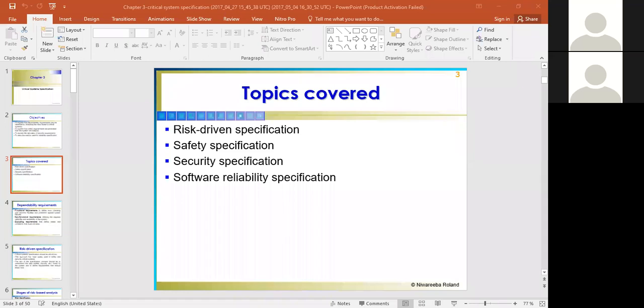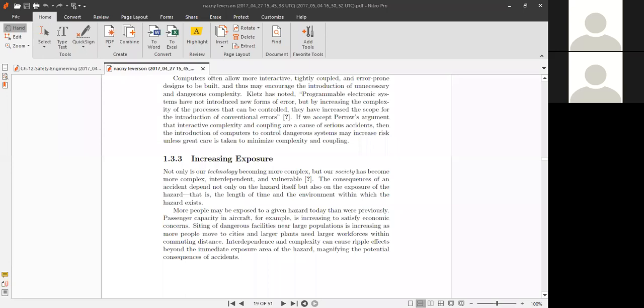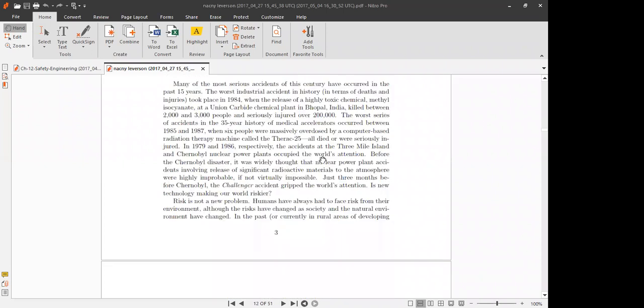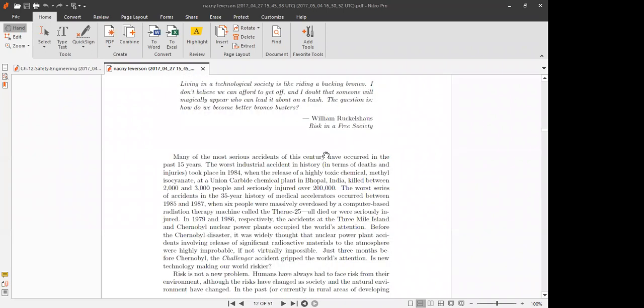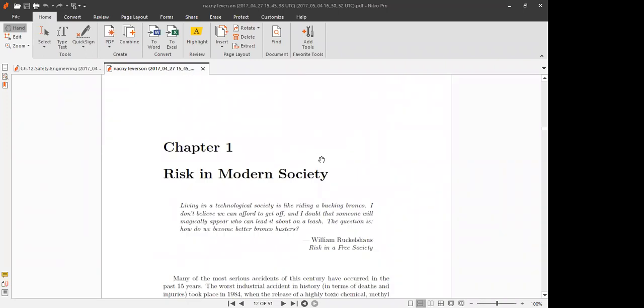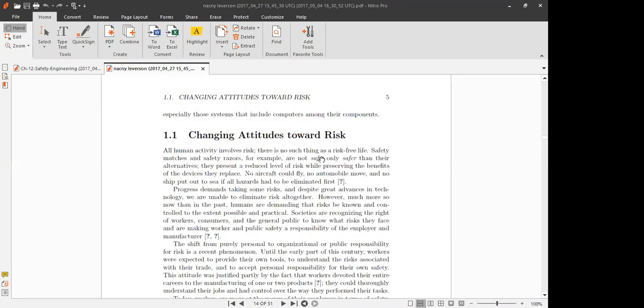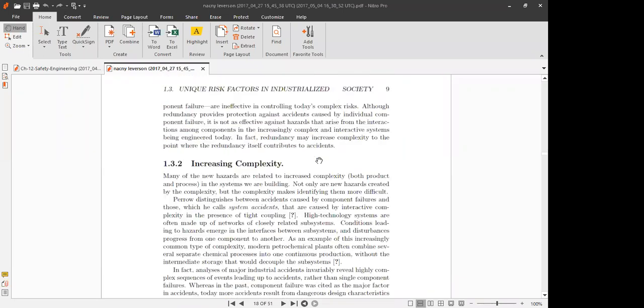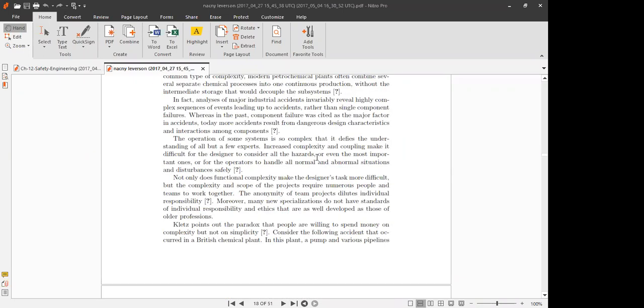I shared with you this textbook. I think you can see the text I'm talking about. The factors that affect risk are different.